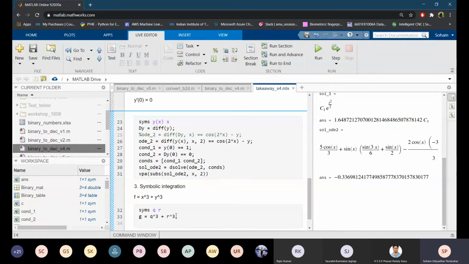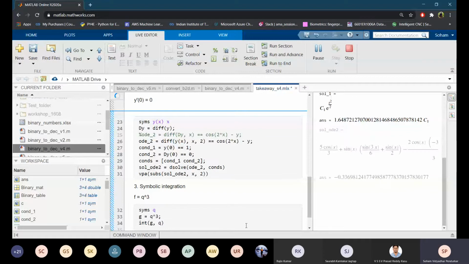This will require a double integral, so let's first cover only the single one. So q cube is what I want to integrate. Now I'll just put int of g comma q, and I'll get the answer.